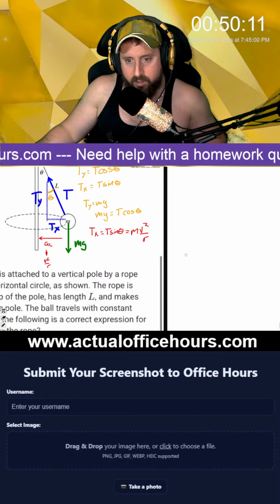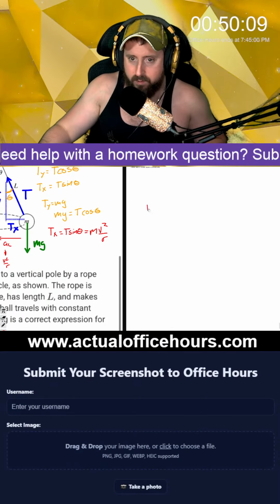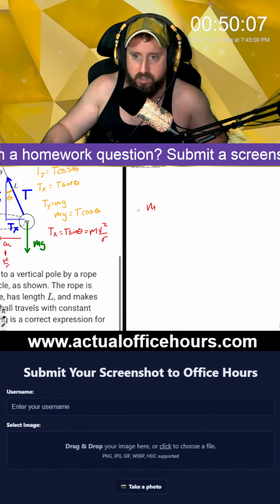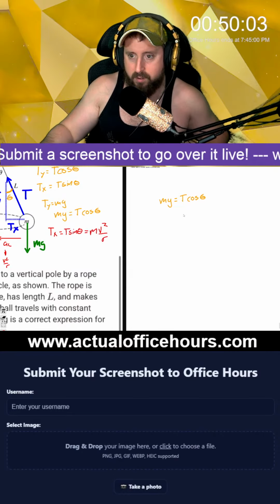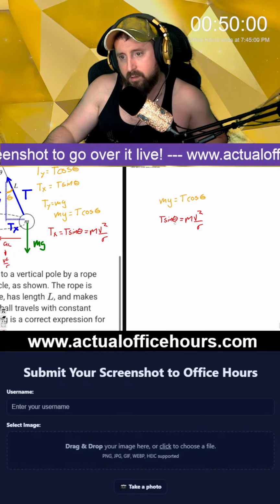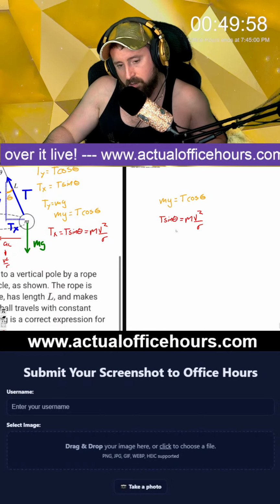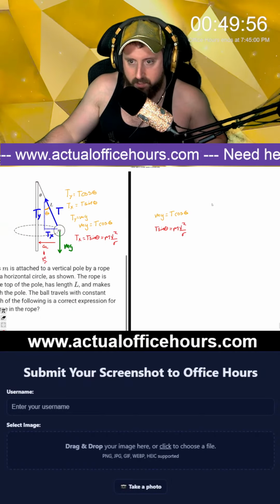So they want to solve for the tension. Okay, so I have mg equals T cosine theta, and I also have T sine theta is equal to this. I want to get rid of the theta, I feel like.